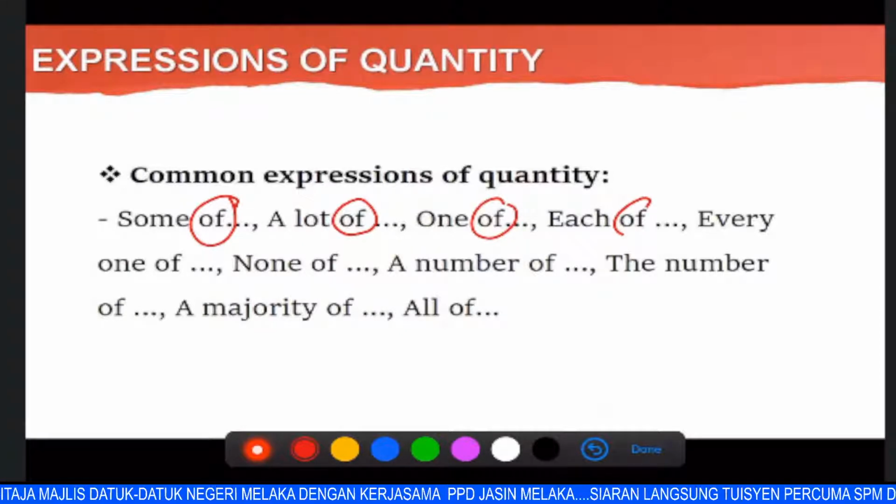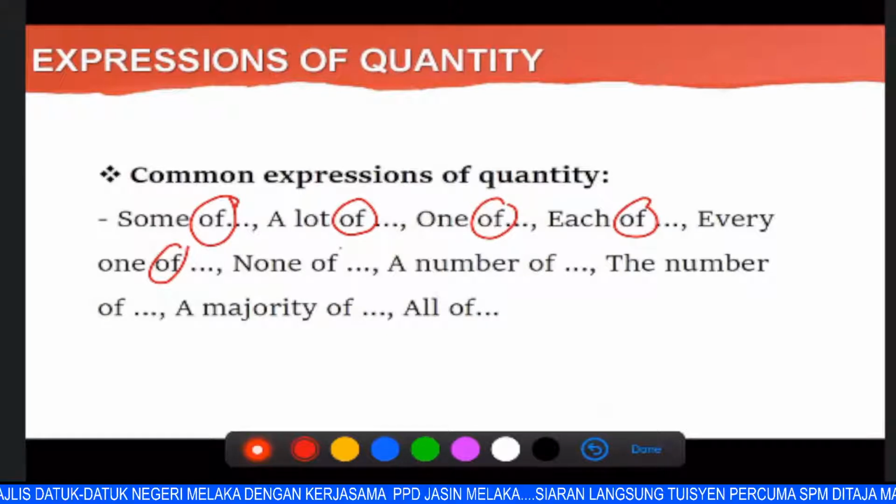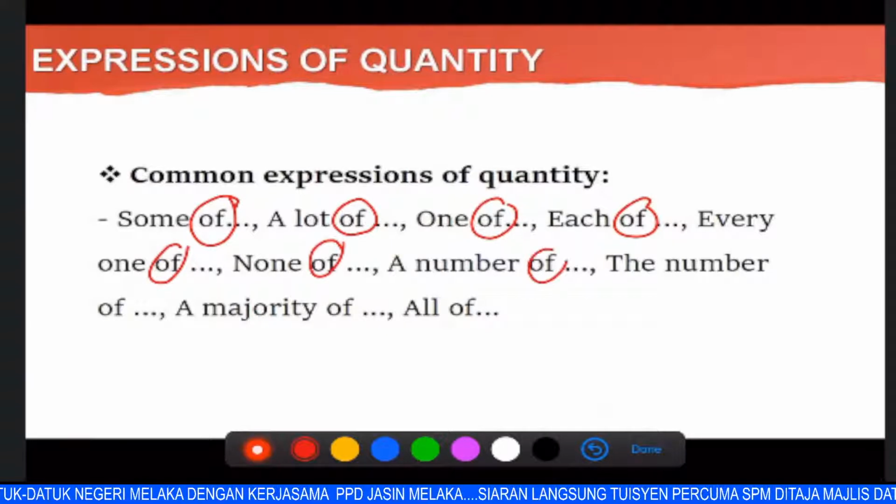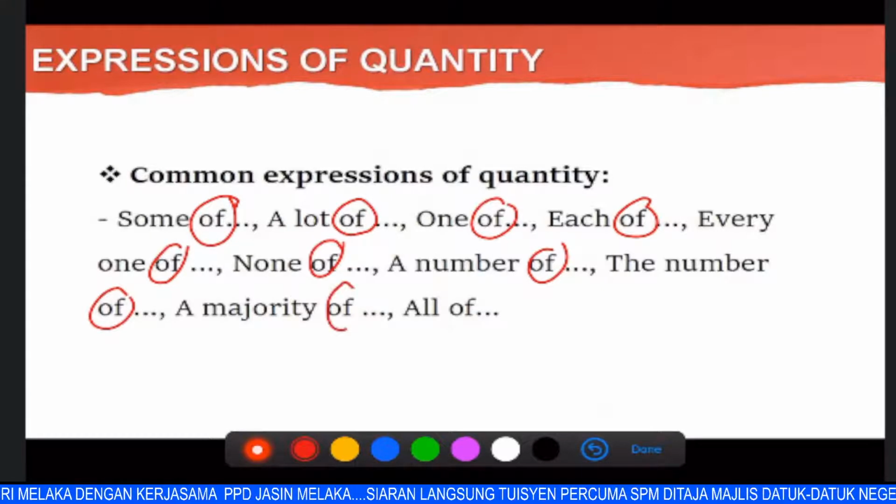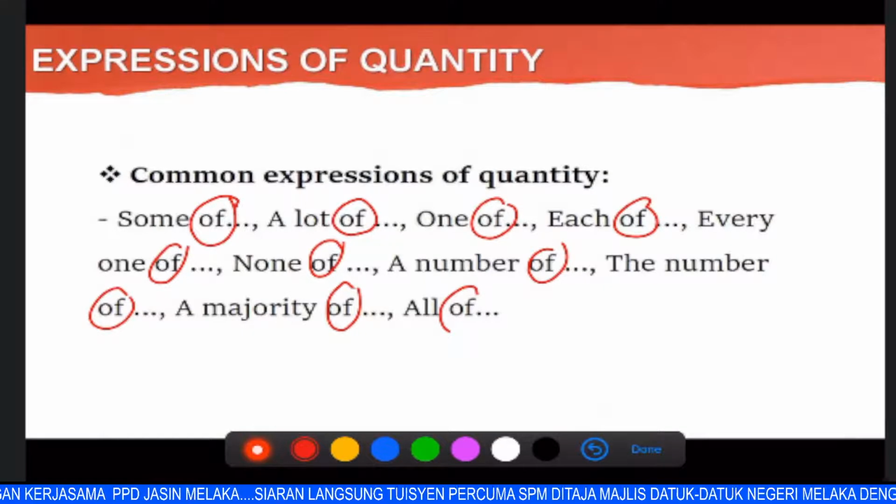Every one of, none of, a number of, the number of, a majority of, all of. Basically, common expressions of quantity end with of. Remember, the noun after of will determine the form of verb that we should use, whether singular or plural. Let's have a look at some examples to make it clearer for you.